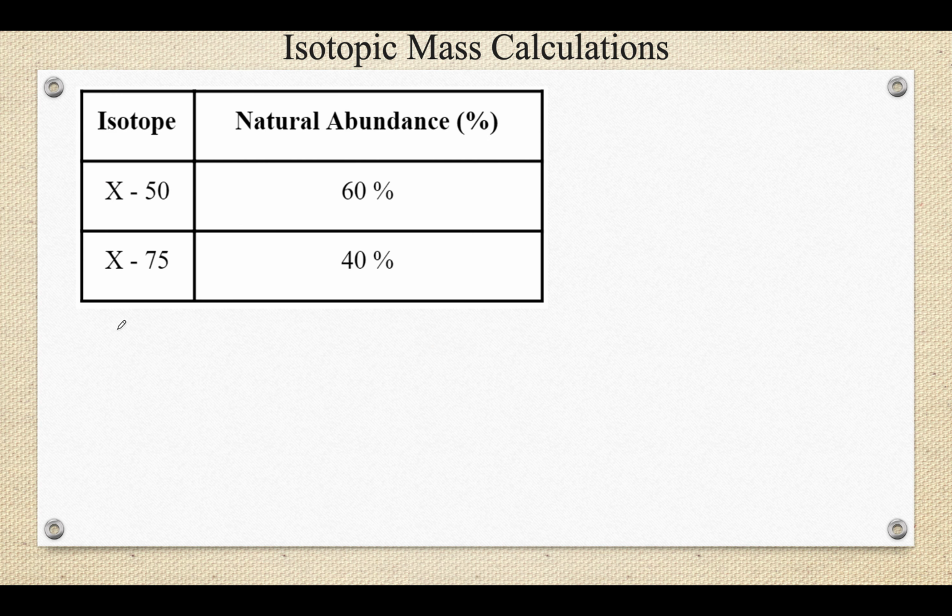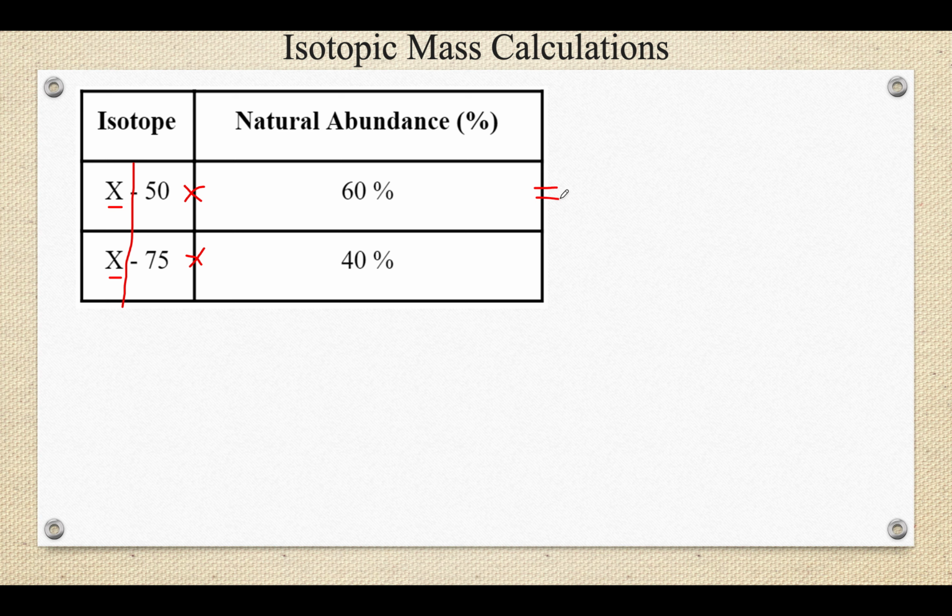All right, last example, again I'm just going to draw a column over here. I have two isotopes of element X: isotope X-50 and isotope X-75. Once more, I remember to multiply across and add down.